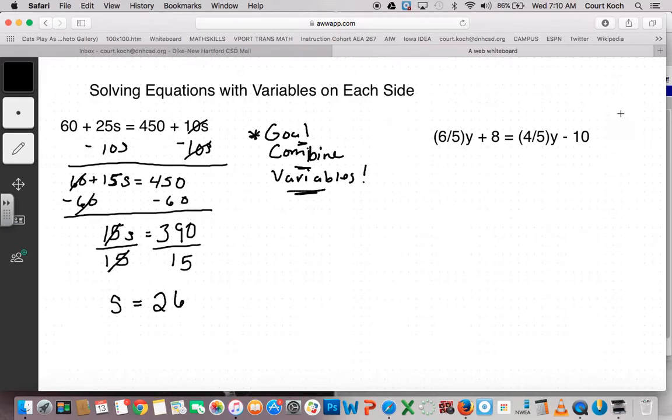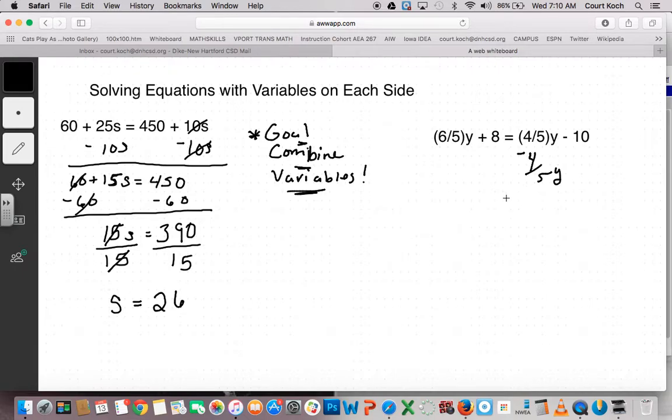It gets a little bit tricky anytime you add fractions to the mix, but let's take a look at one problem with it. The goal is still the same, to combine those variables. So I have 6/5 y and 4/5 y. I'm going to subtract 4/5 y from 6/5 y so I don't wind up with a negative.